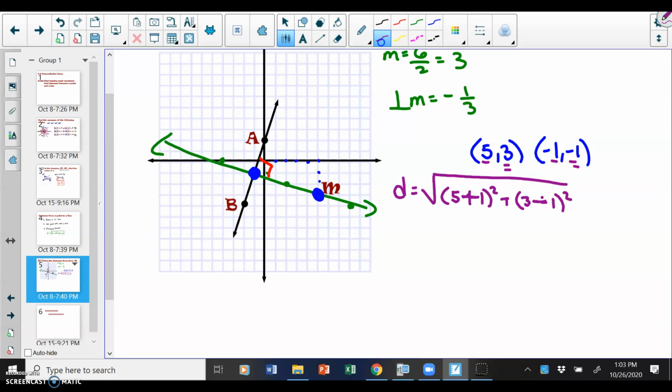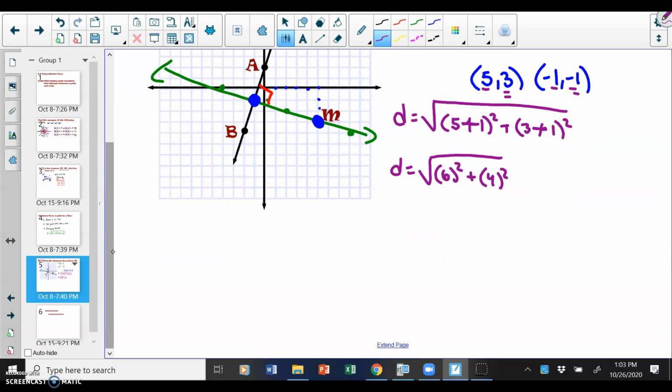Two negatives make a positive, there and there. 5 plus 1 is 6, so 6 squared plus 4 squared. 6 squared is 36. 4 squared is 16. 36 plus 16 is 52.